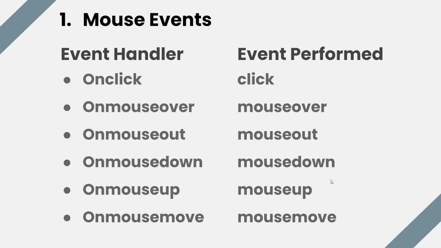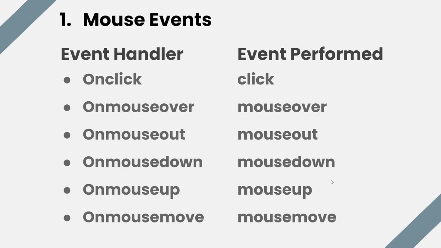So the next one we have is the onmousedown event. This describes when a user holds down the mouse pointer on an HTML element. Just imagine you left click on a particular element and you keep holding down that pointer. The more you keep holding it down, events could be performing as you keep doing that. And so the event here is the mouse down event.